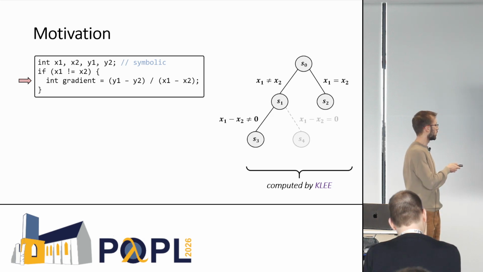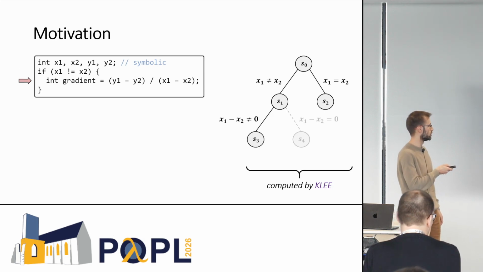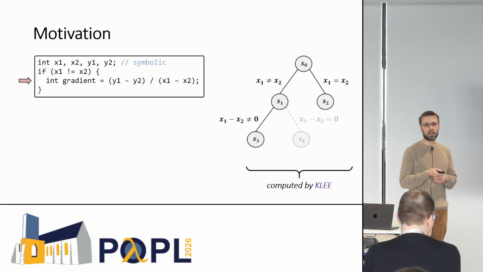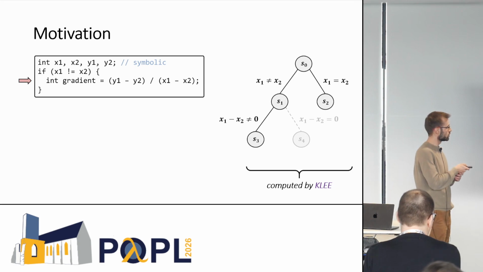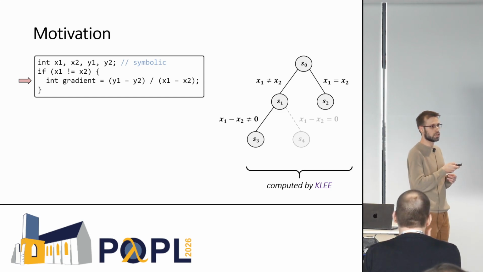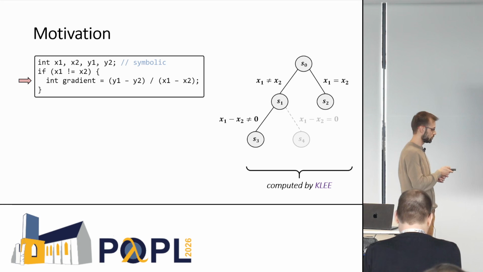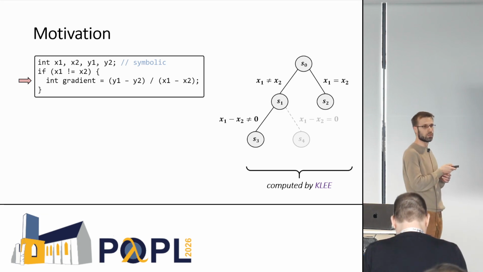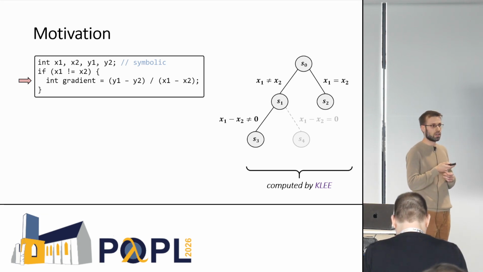And when we execute this division instruction, KLEE checks for a potential fork because it checks if the divisor may be equal to 0 or not. After this, the analysis is done. So we explored two paths and we didn't find any bugs.